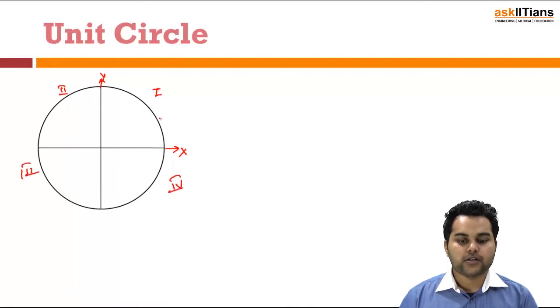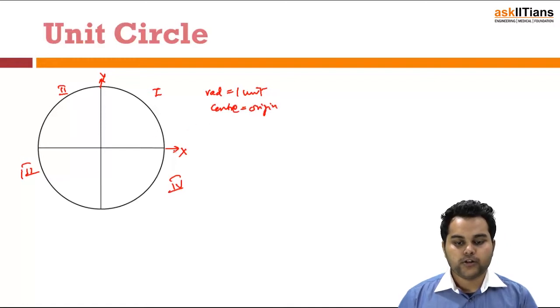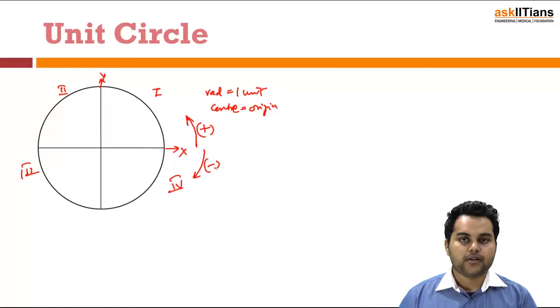So this is a unit circle, radius 1 unit and center at origin. Only 2 rules need to be kept in mind while plotting the angle on the unit circle. First is, when moving anti-clockwise, the angle is positive, and when clockwise, the angle is termed as negative. That's a convention we follow.